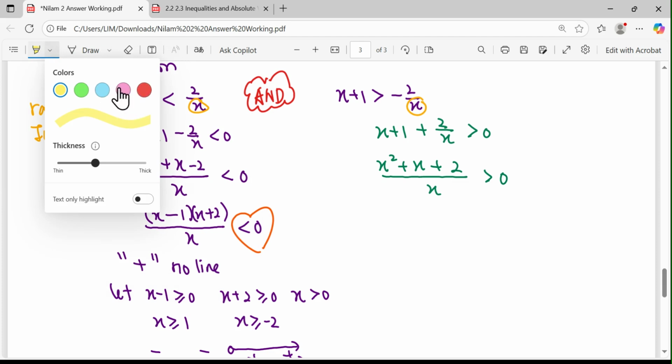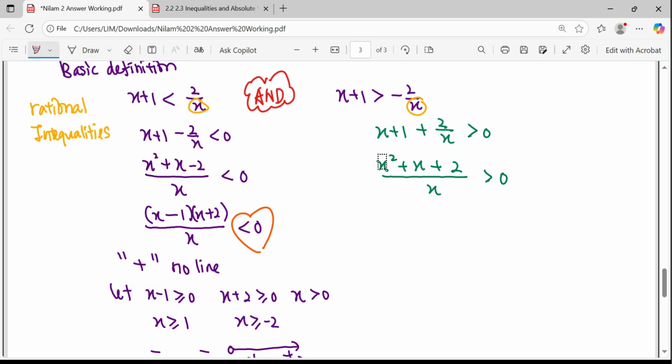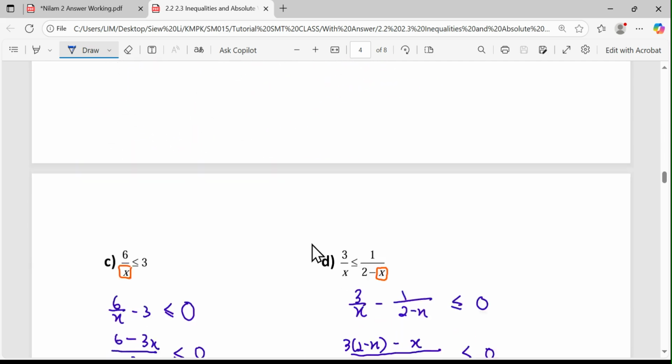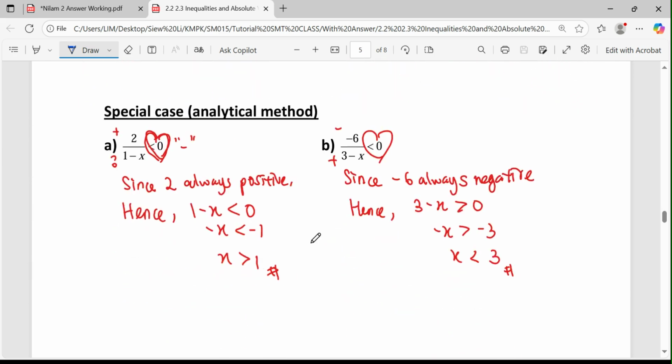So we will come to the part of the analytical method. Even though it cannot factorize, let us revise back the analytical method. Analytical method means that in some part of the numerator or denominator, we know that no matter what value of x you put in, it will keep on being just positive or just negative only.